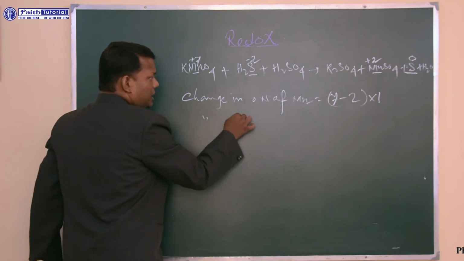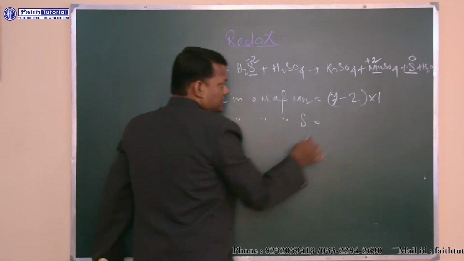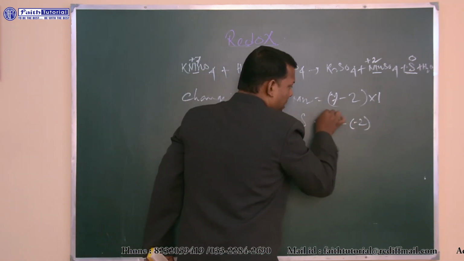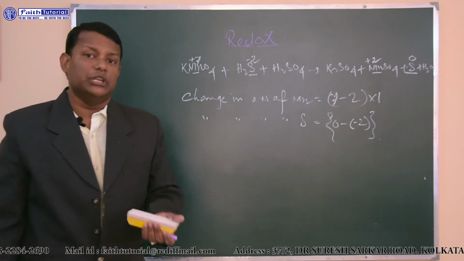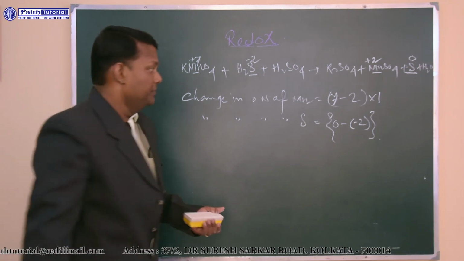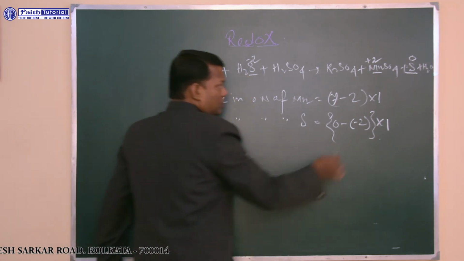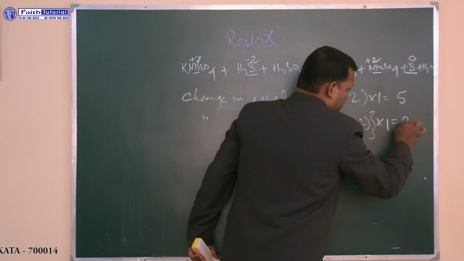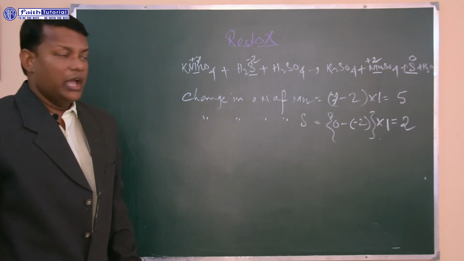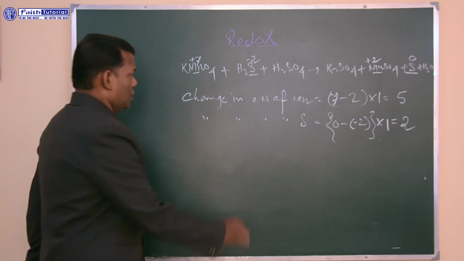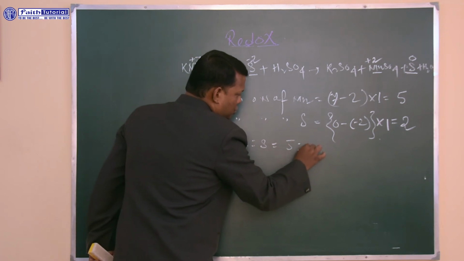Next, the change in oxidation number of sulfur from H2S is 0 minus of -2, always greater minus less. That means the change in oxidation number should come positive, into 1, because the number of sulfur atoms is 1 here. So you are getting 5 and 2 as the changes in oxidation number of manganese and sulfur. So manganese to sulfur, you are getting 5 to 2.